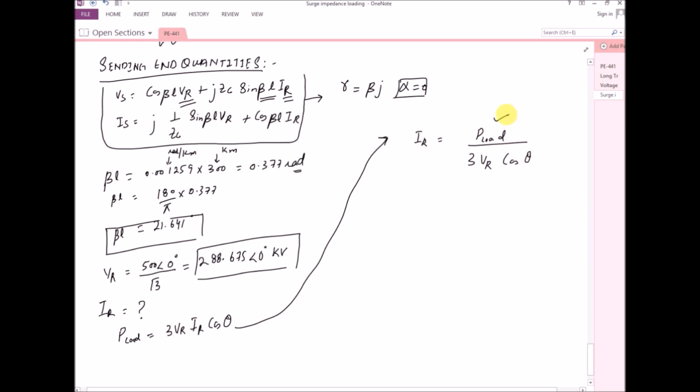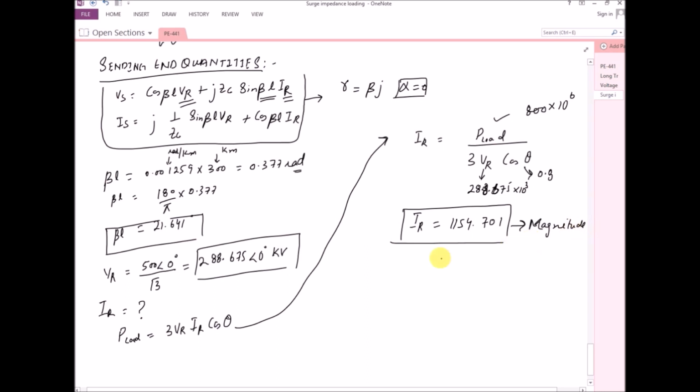We know the value of P load, that is 800 times 10 raised to 6. The value of VR is 288.675 kilovolt, and cos theta is equal to 0.8. So the IR value will be 1154.701. But this current is the magnitude only.